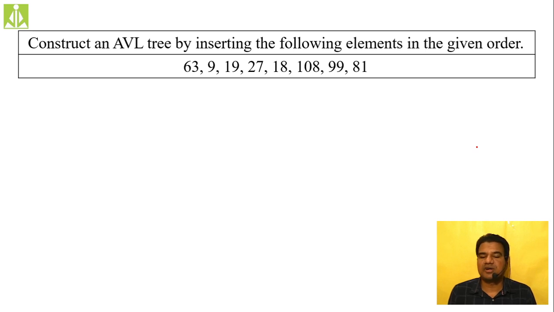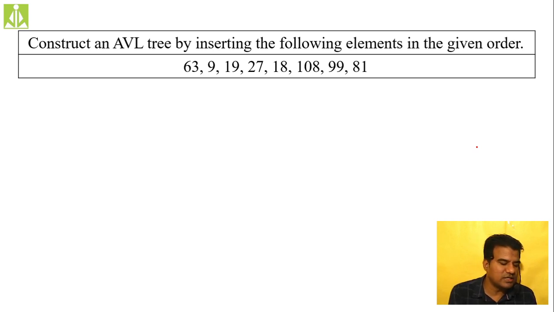So quickly we construct an AVL tree by using these simple node elements. Whatever node elements we have over here, like 63, 9, 19, 27, then 18, 108, 99 and 81.